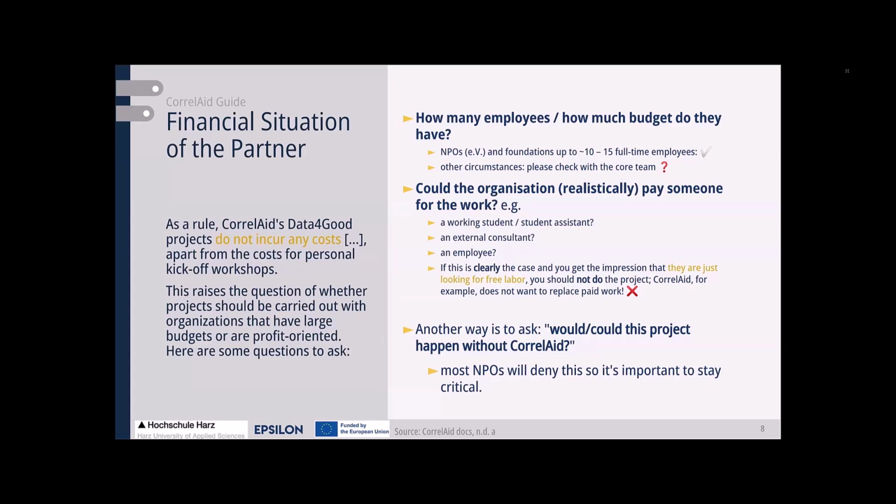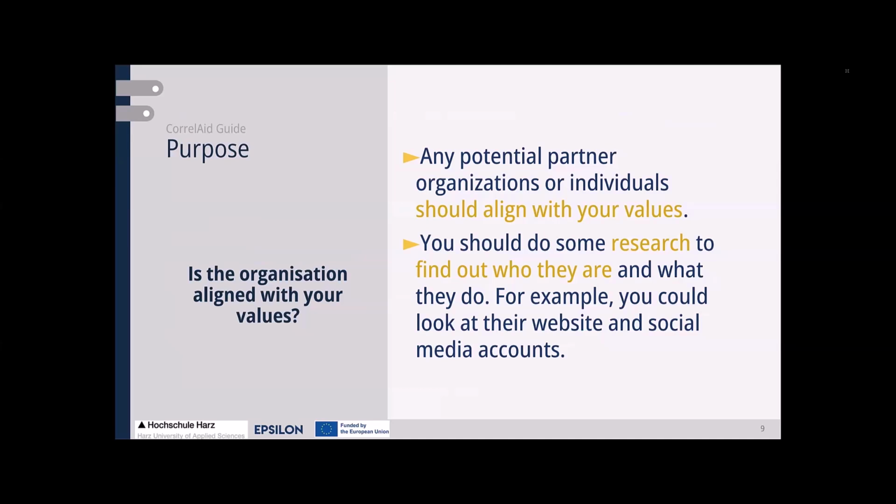The next thing is the purpose. Is the organization you're working with aligned with your own values? As we already talked about politics, you should ask yourself, is a political party aligned with your values? Or can the project do some harm for society if your outcome might get into the wrong hands, or if political parties shift their focus, or due to elections lose or gain more impact in social topics?